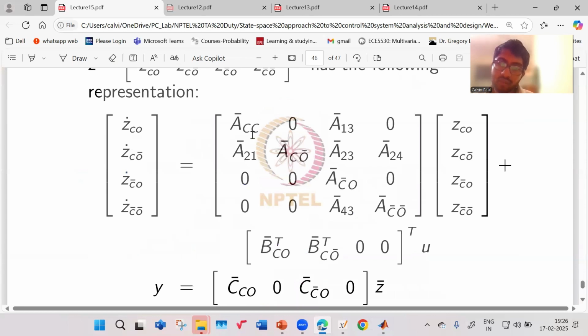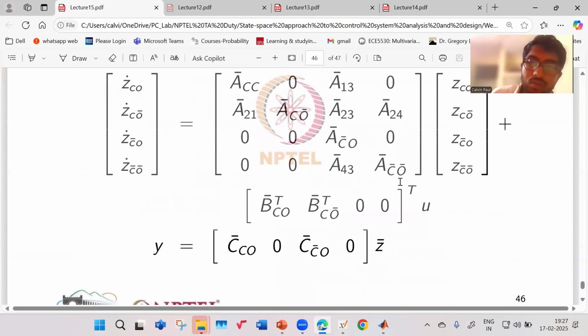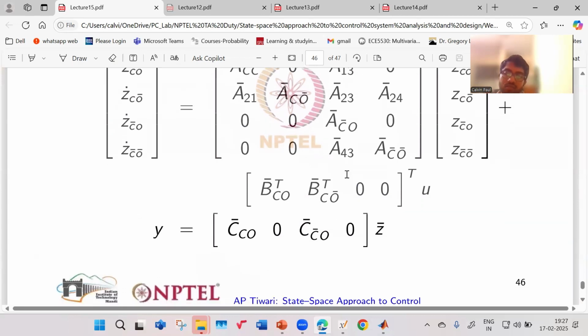So this is the controllable form. This is the not controllable and observable form. And this is the controllable and not observable form. And this is the not controllable and not observable form. So you can decompose the matrices into this format.